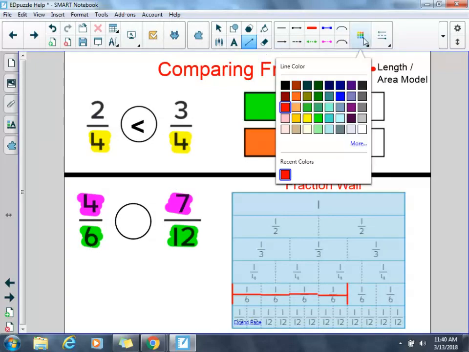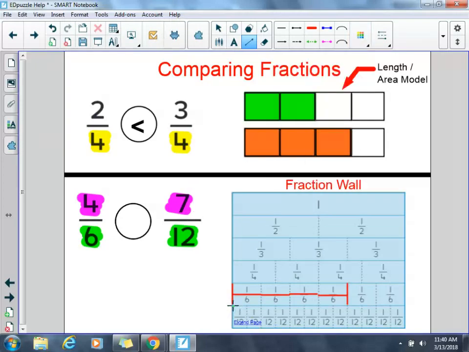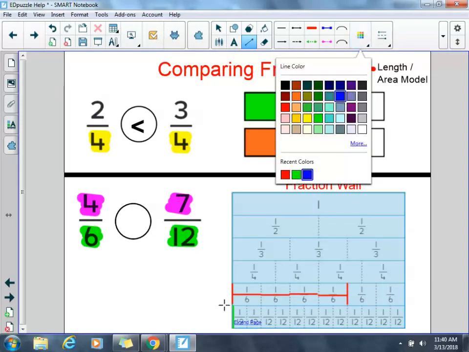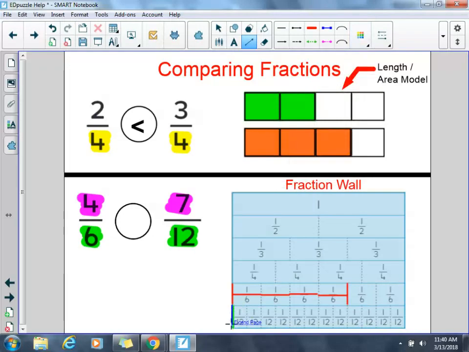So now what I have to figure out is, where does 7/12 start and end? Well, just like over here, I'm going to use a different color. That's tough to see. 7/12 would start at the same point as all the other ones, and I'm going to stretch it out till I get to 7 of them. So this would be 1, that's 2, 3, 4, 5, 6, 7.